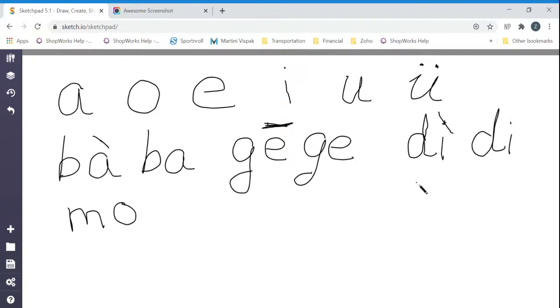The third tone ah, you go down, up. The fourth tone you go ah, go all the way down. So this is like de, de, de, de. That means little brother. 弟弟, little brother.